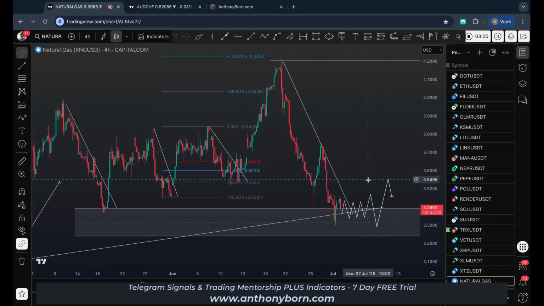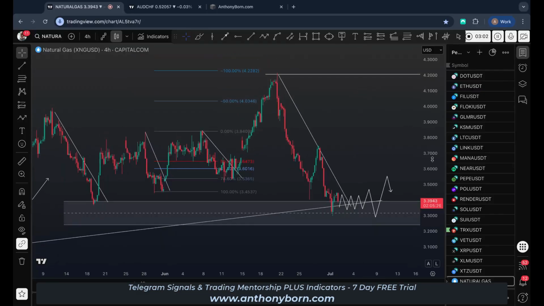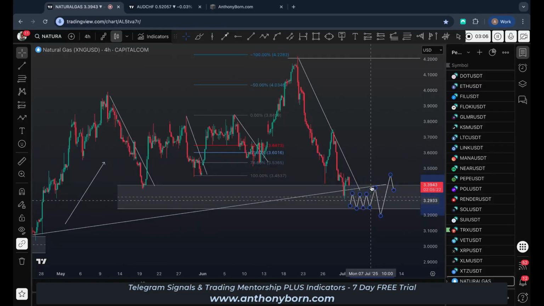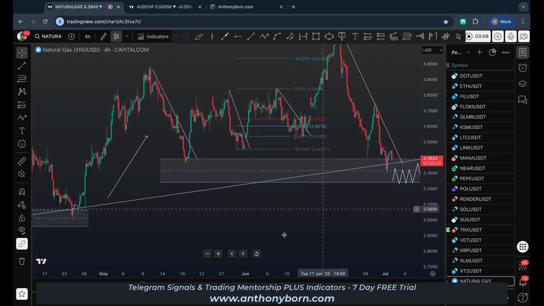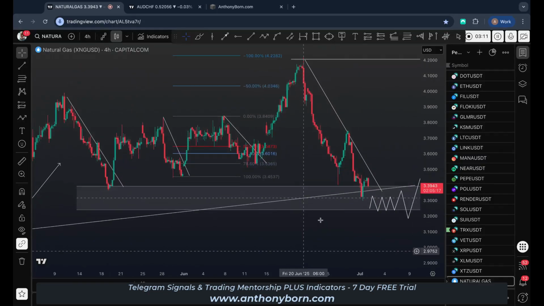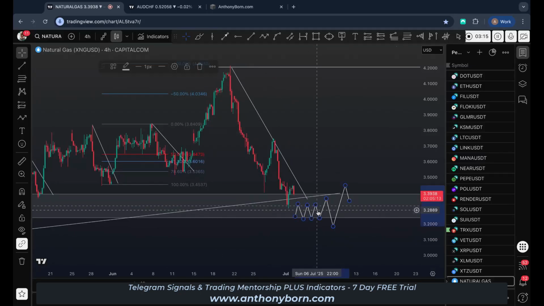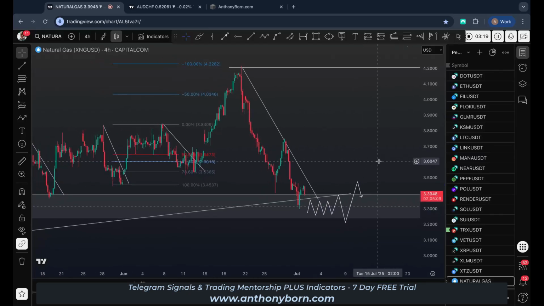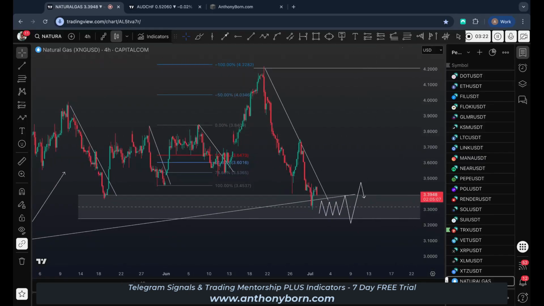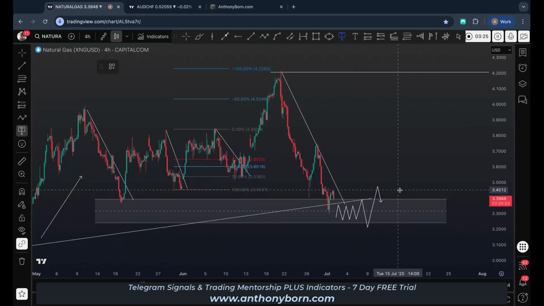Now this could occur here, it could occur further down. We don't know how far this is going to retrace, but at some stage this will find support and it'll break structure, and my plan would be to buy on the break of structure.